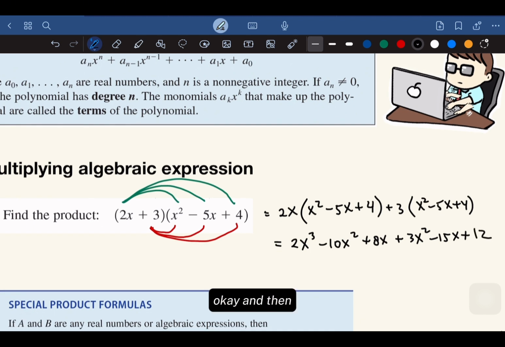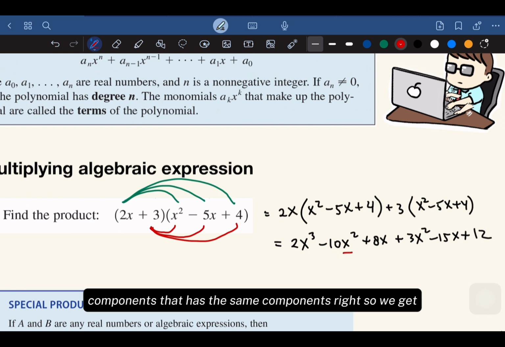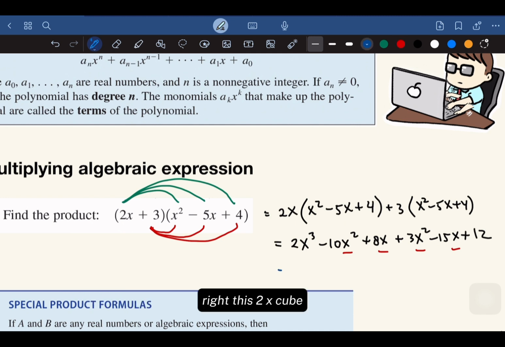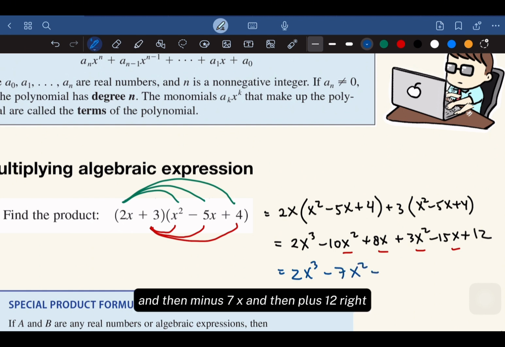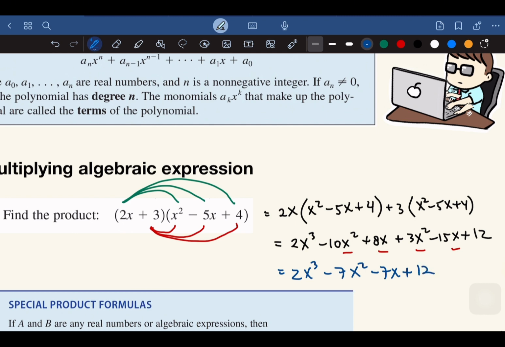Okay, and then we check this with the same components, right? So we get 2x cubed minus 7x squared, and then minus 7x, and then plus 12, right? That's one way.